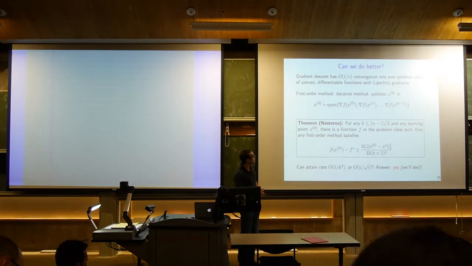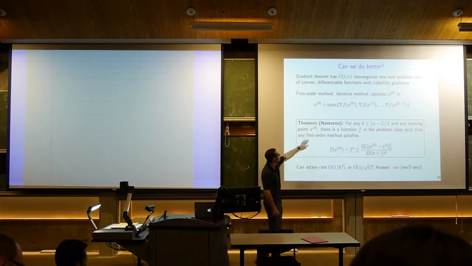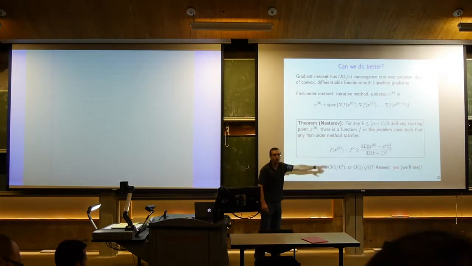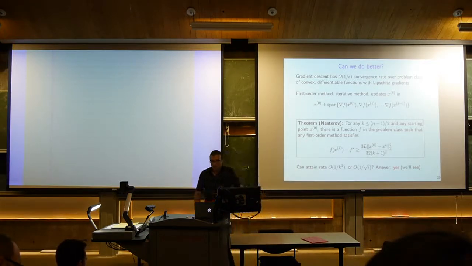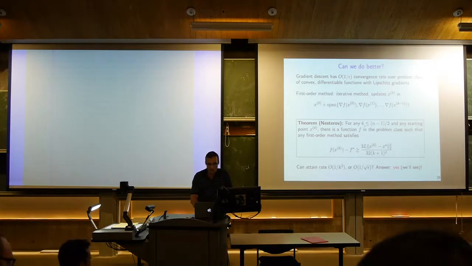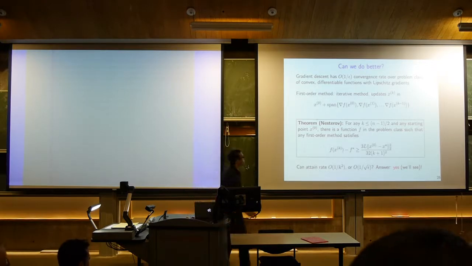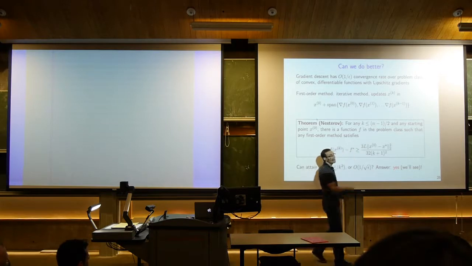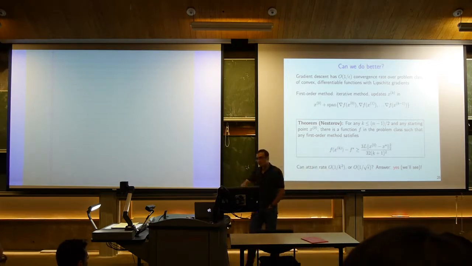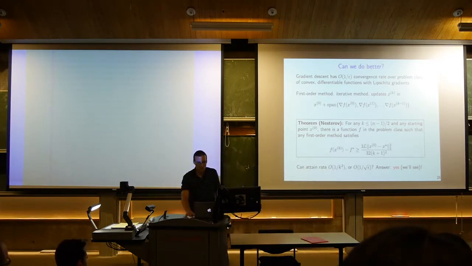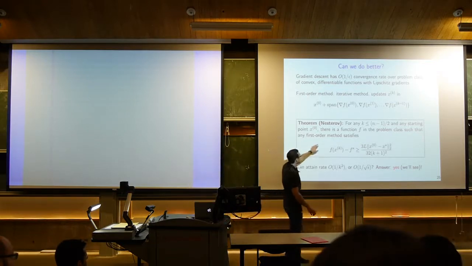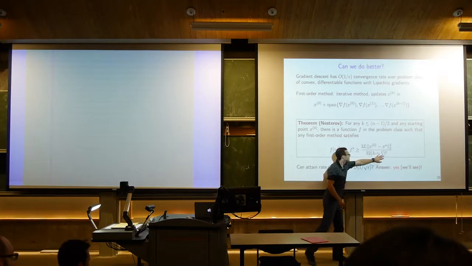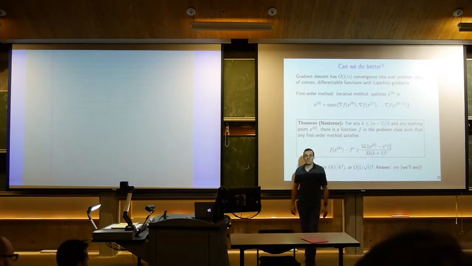If you give me any initial starting point, in any iteration, and the only restriction is that the iteration number we're looking at can't be bigger than about the dimension of your problem divided by 2, so you can't be asking arbitrarily far down the path of these iterative algorithms, then I can find for you a function such that any first order method cannot do better than this value in terms of its suboptimality gap.